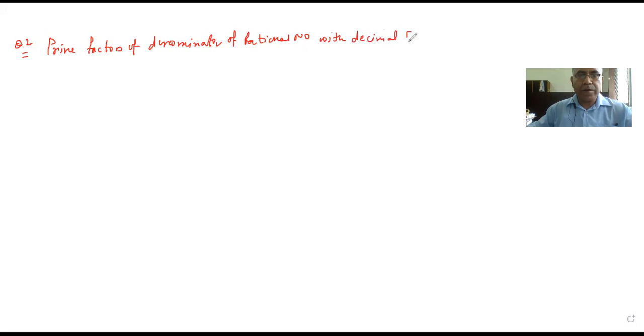For example, question number 2 says prime factors of denominator of a rational number with decimal expansion 0.123.